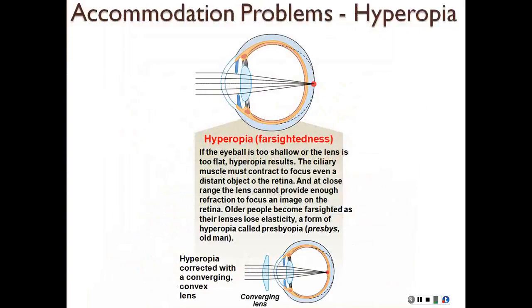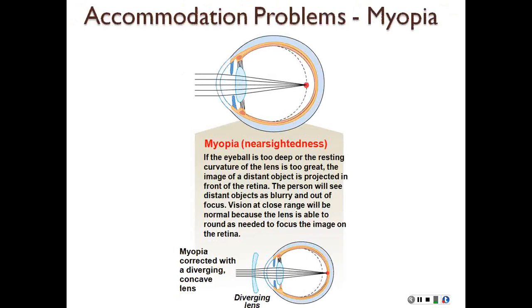So if you compare this eyeball to that eyeball, you can see the difference. In this one, the eyeball is too long, and the focal point doesn't end up falling on the retina. The perfect focal point is here, but that spot is not hitting the retina. So when the light makes it to the retina, it's not the sharpest possible image.